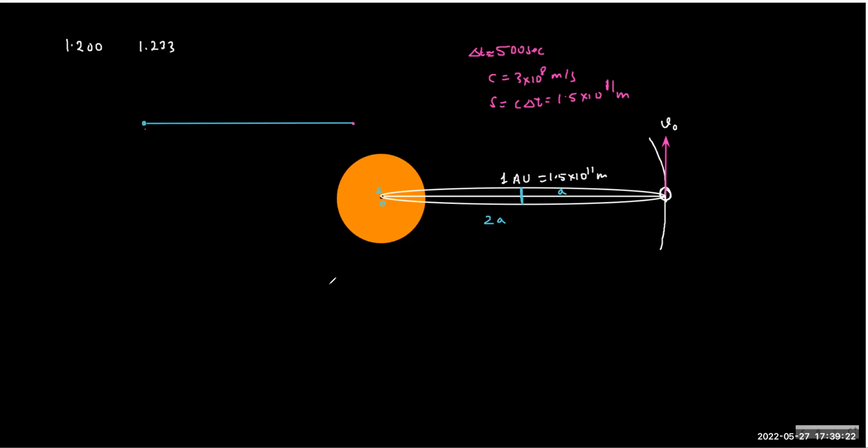So if I call T the time period of the flat ellipse, then the square of the time period will be proportional to what? The cube of the semi-major axis, which is a. Yes. And if I talk about the actual path of the satellite moving around the sun, its path will be 2a whole cube, because that's like a radius.